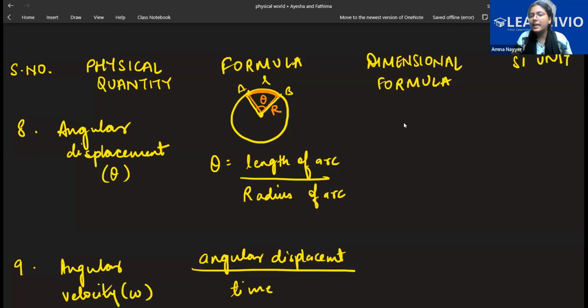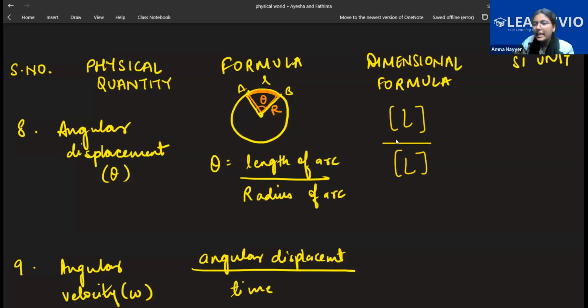But see class, length of arc is directly L. And what should I write for radius? Which quantity? Radius, length. Correct. Check the units whenever you're getting confused. Radius, you write it as 3 meter, so length.